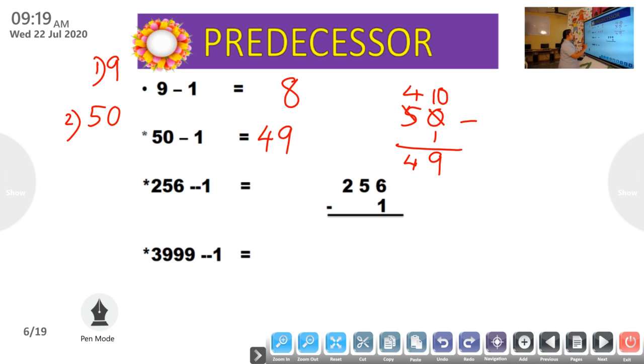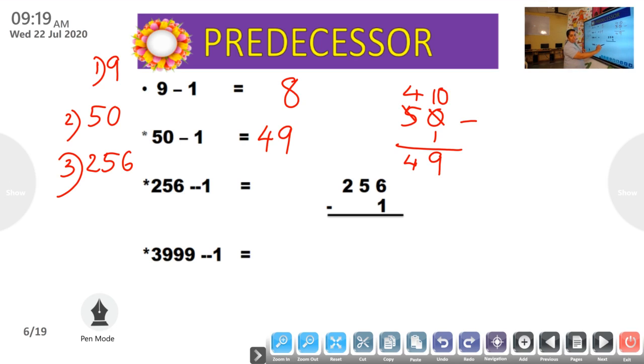Is it clear? Here, the third question: 256. What is the predecessor of 256? Predecessor means the number that comes just before 256.